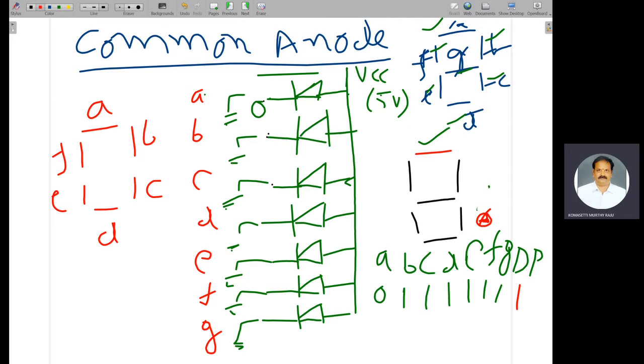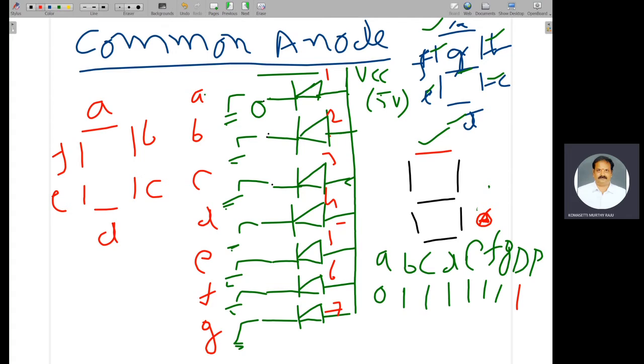Must be forward biased means A is equal to 0, and the anode of that first segment is connected to VCC. This is the first segment LED, this is the second segment LED, and so on for the 7 segments. The 7 segment LEDs' anodes are connected to VCC, and the cathodes are connected to ground.